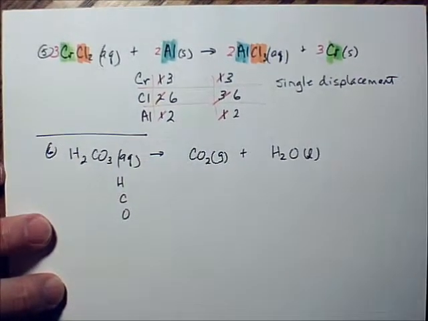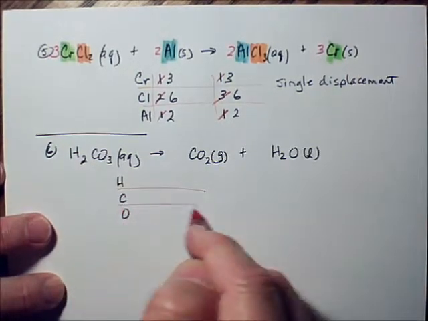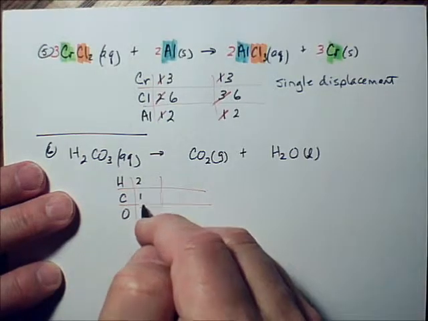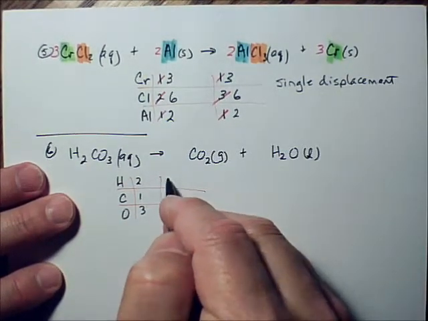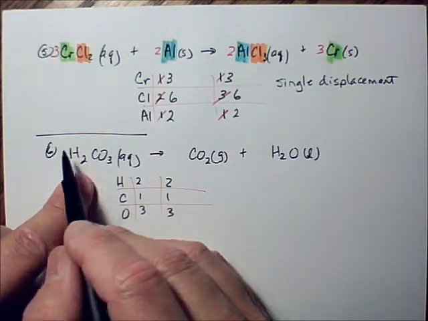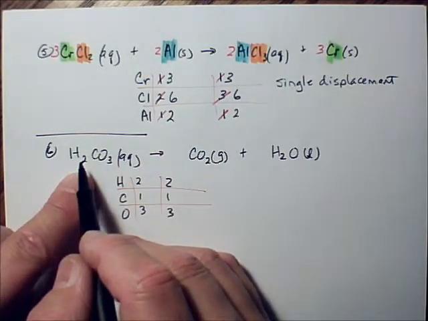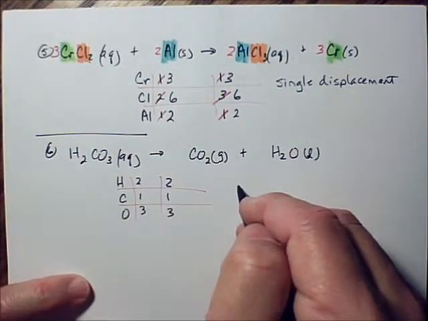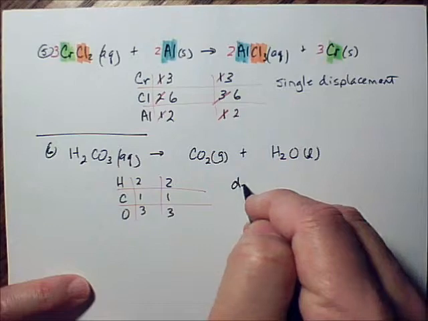Coefficients 1, 1, 1, and that one's balanced. And this is where we have a more complex compound that's breaking up to form 2 simpler compounds, and that's called decomposition.